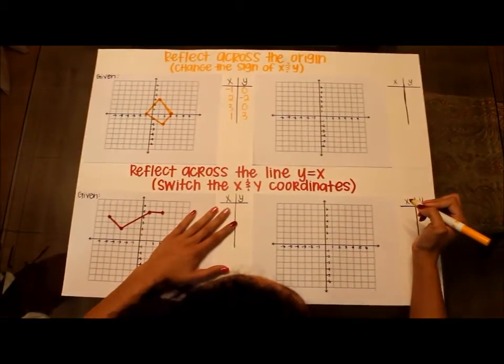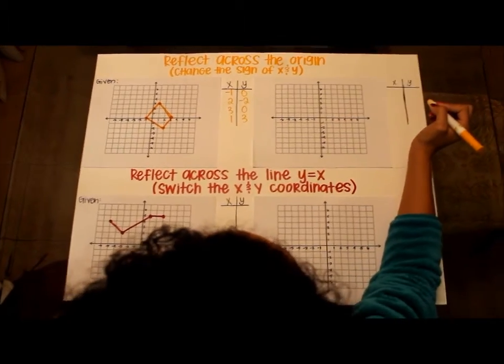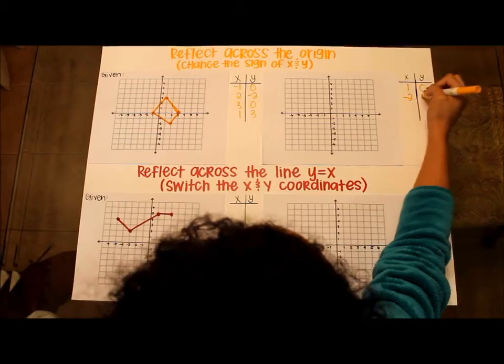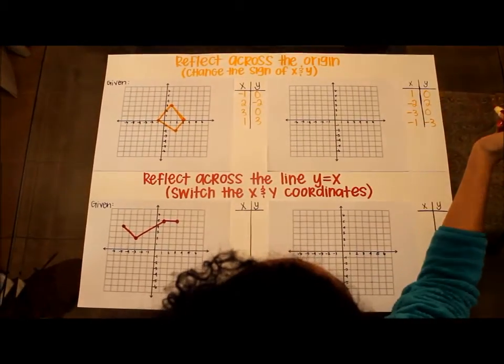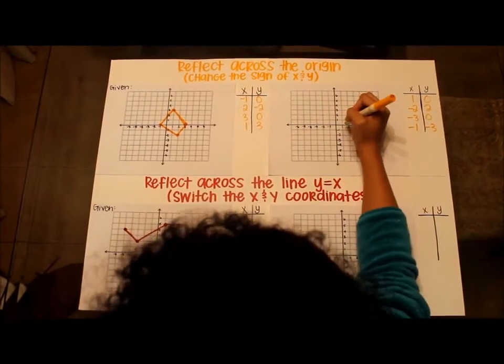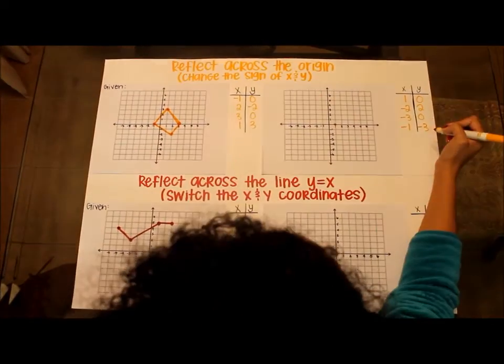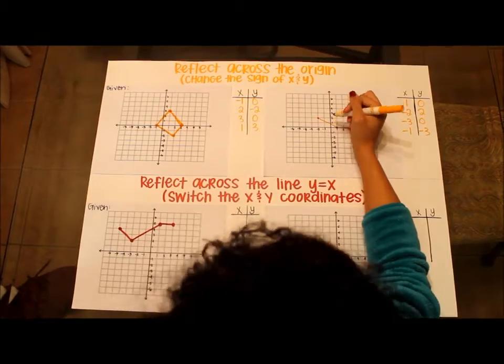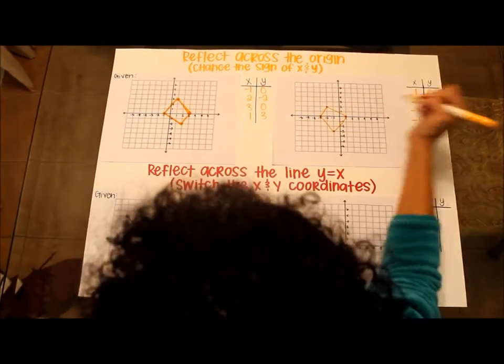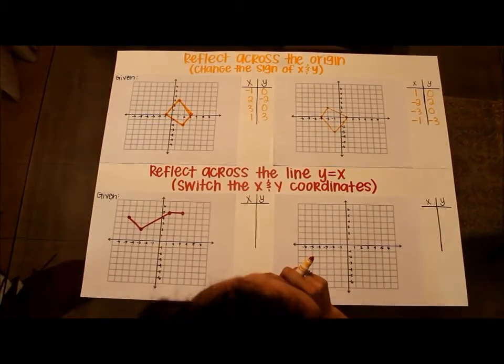The next thing we're going to do is change the signs of both x and y. Now we're going to plot these points. First point we have is 1, 0. And here we have a reflection across the origin.